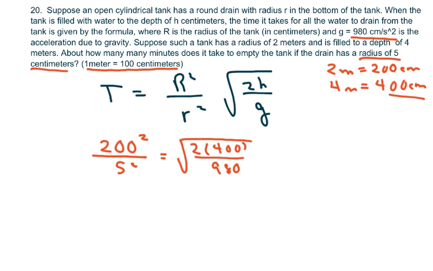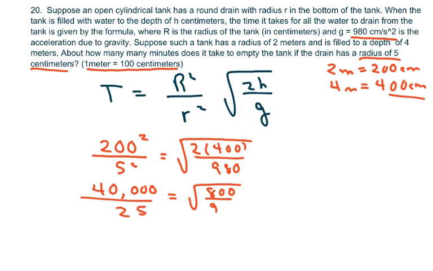So this is going to be 40,000 over 25 equals the square root of 800 over 980.